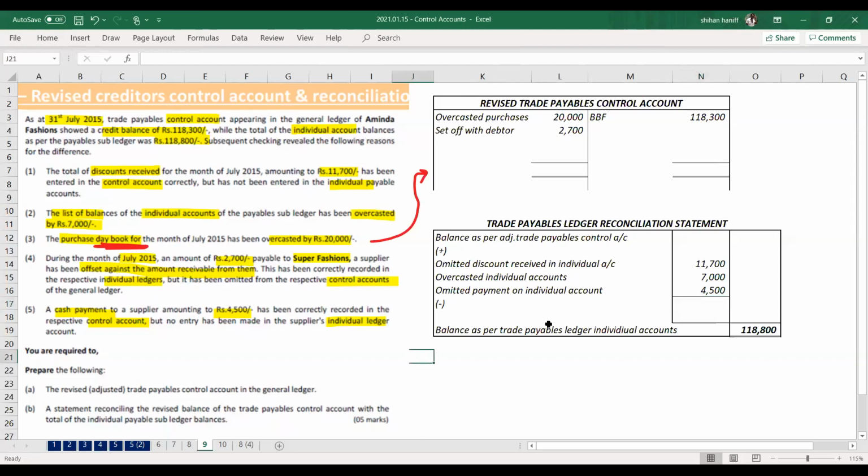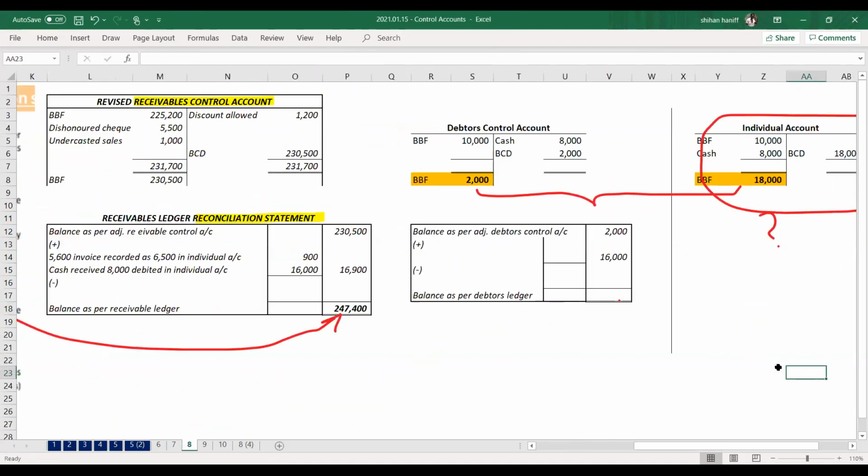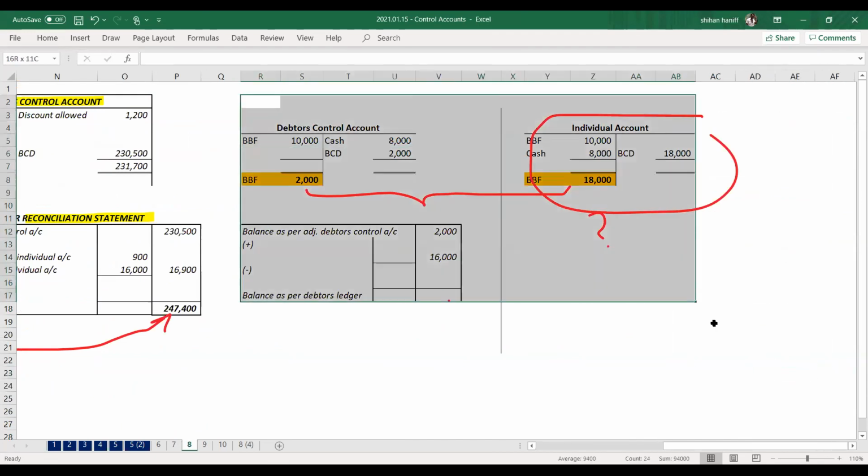Fifth question, again, I will explain the fifth question. And take the format.